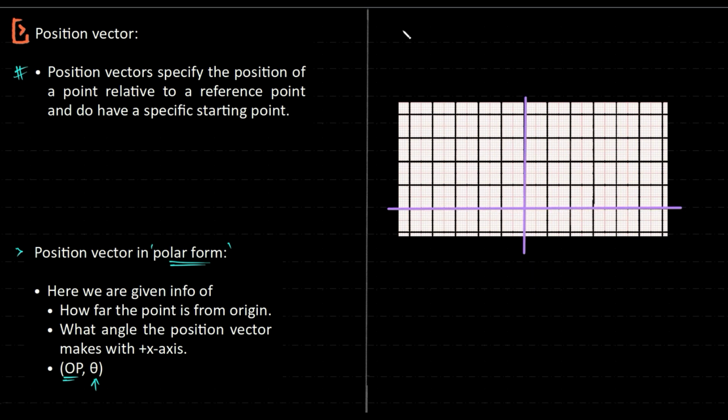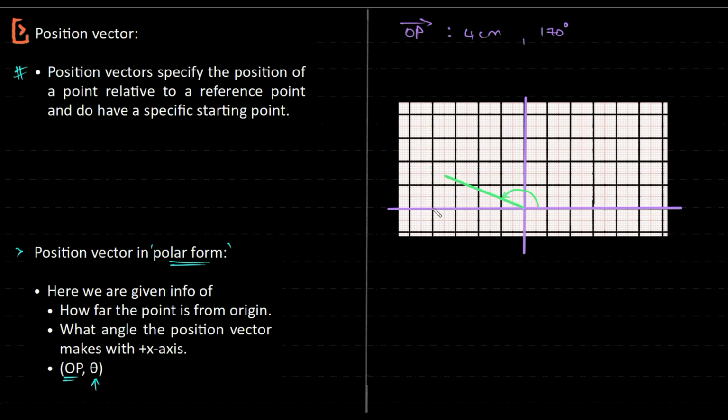And say we need to draw a position vector, say OP of length 4 centimeter and making an angle of 170 degree. When we know that this is a position vector, by default the 170 degree is always with reference to the x-axis. That's the funda. And then you draw the angle.